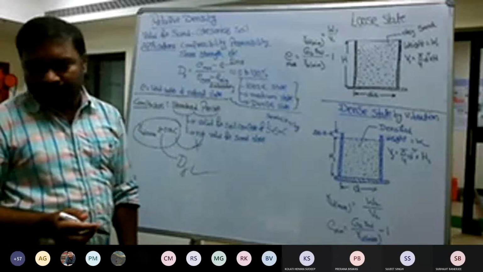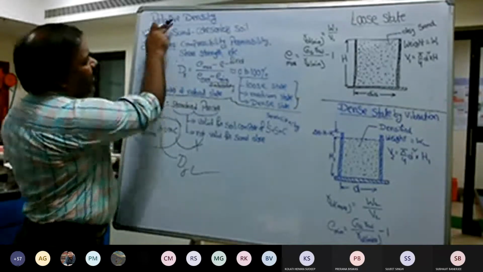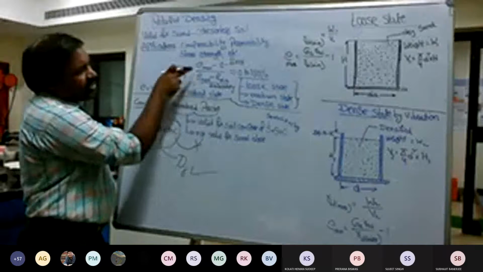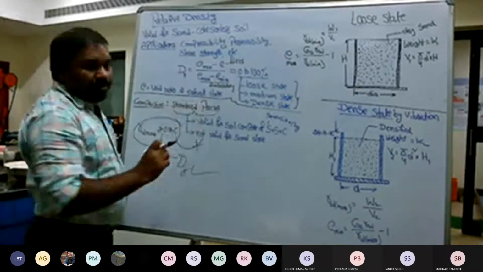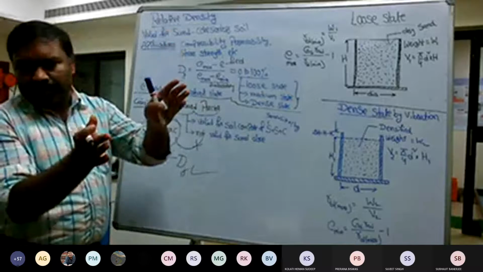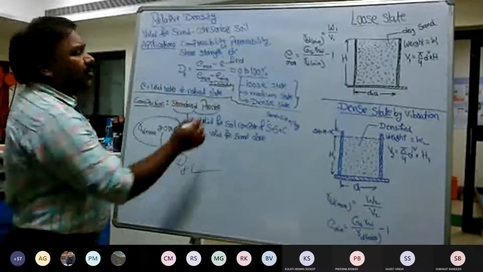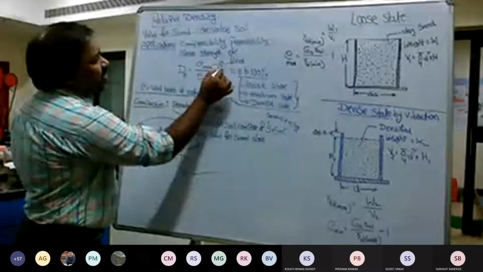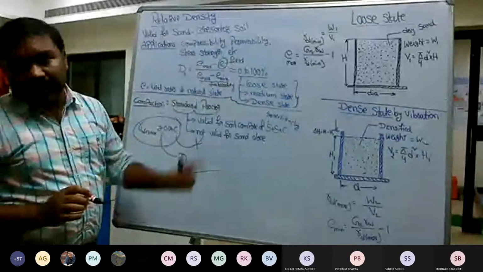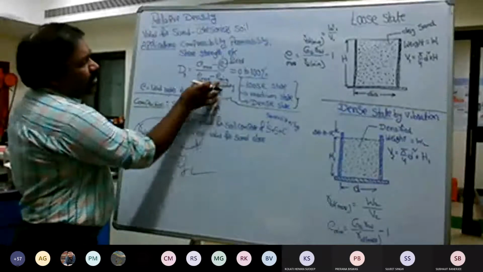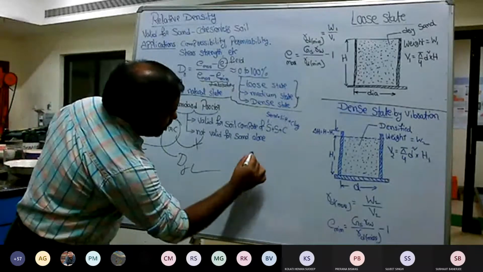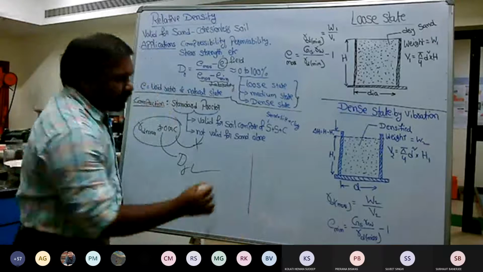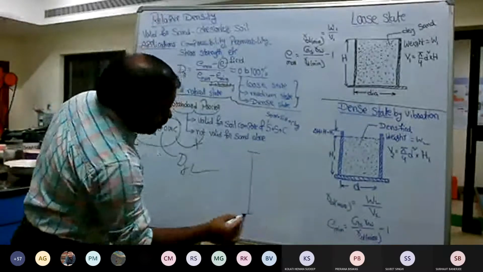If you do not have the natural void ratio, you cannot determine the relative density. Now, it is relative, you can see the relationship. Emax minus E minimum means these are the two extreme points. With respect to that, where is the natural state of the soil mass? That is the relative. For example, if you show it in the form of a graph, suppose I draw a line, with the upper point and the lower point.